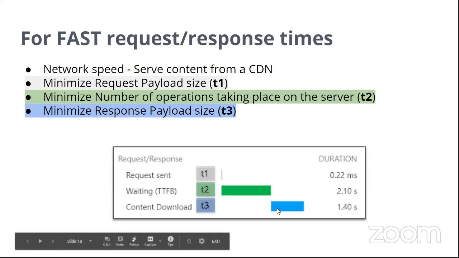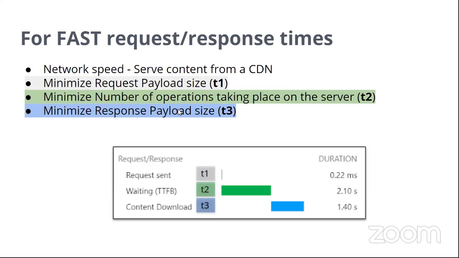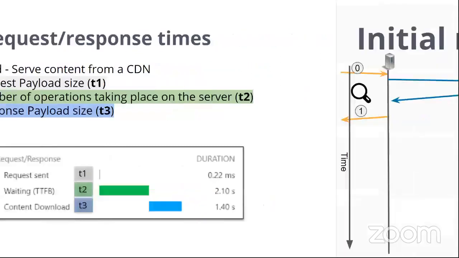In this example, it takes about 1.4 seconds for the user to take in the content before it is ready for the client to use. So this is just an example, but what we are trying to do is minimize the request payload size, minimize the response payload size, and minimize the time it takes for operations on the server.